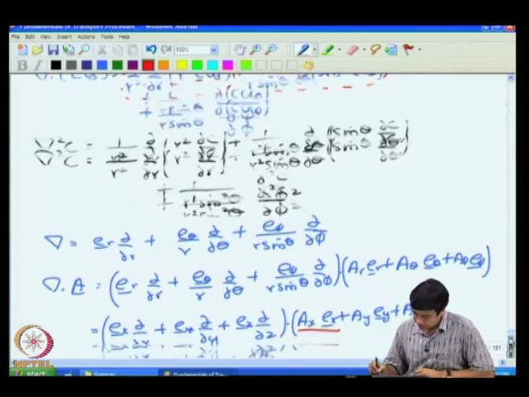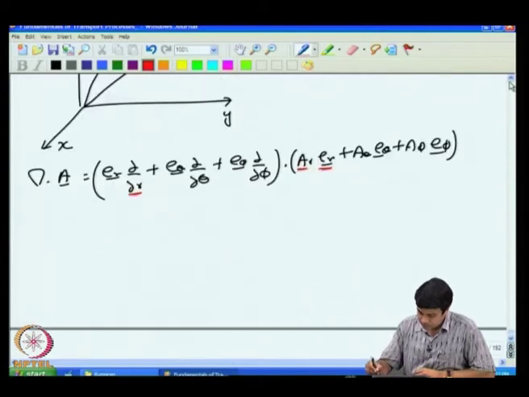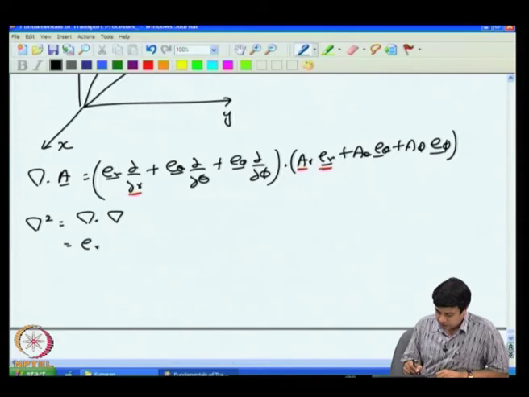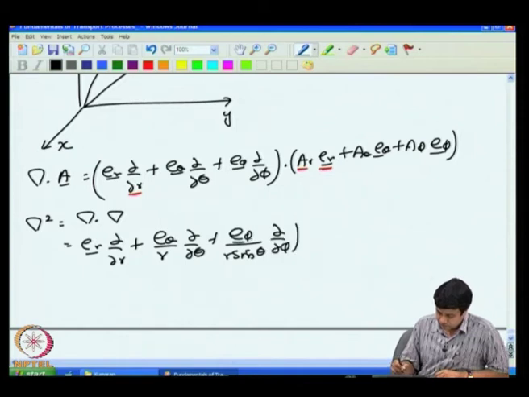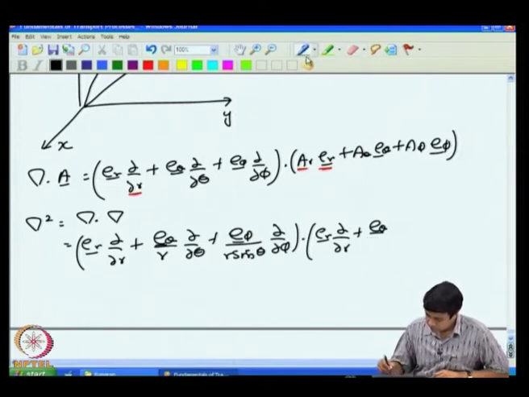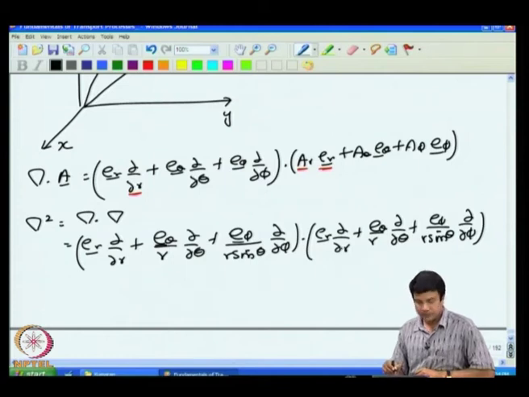Okay. Similarly, when I take the Laplacian, del square is equal to del dot del, which will be equal to E_r d by dr plus E_theta ... dotted with ... I have to take the derivatives of not just the components with respect to r, theta and phi, but also the unit vectors.